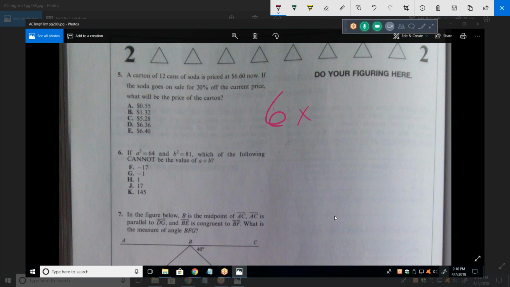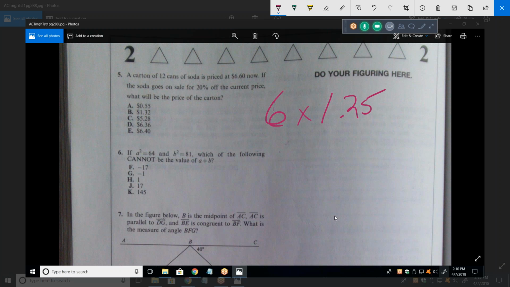Increase the number 6 by 25%. So would I just multiply the 6 times 75%? No, that's decreasing it. Oh, so just 25? No, by 1.25. Oh, okay.